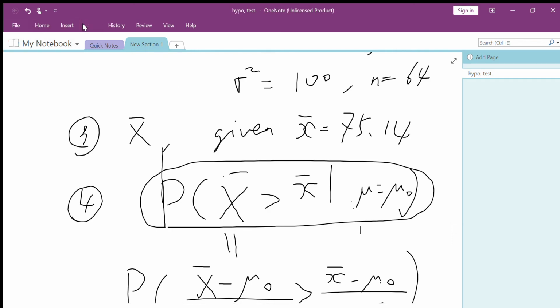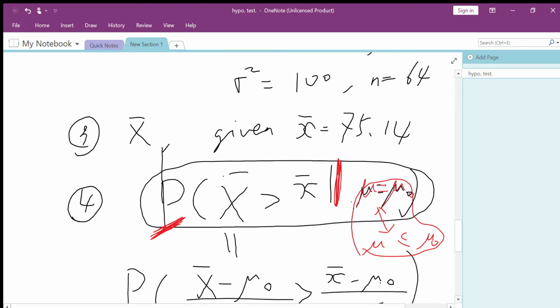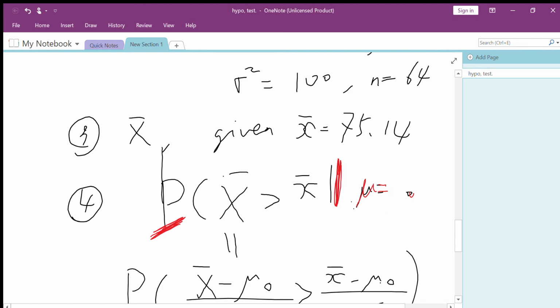Just keep in mind that if we write the original H0, then the conditional probability is the same thing, and that's why we just write mu equals mu 0 here. We can show mathematically that they are equivalent.